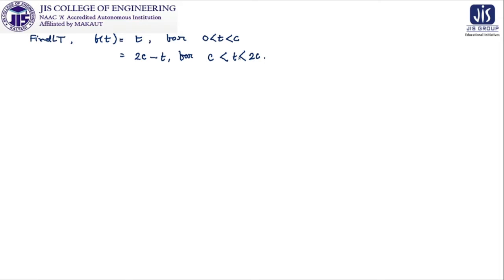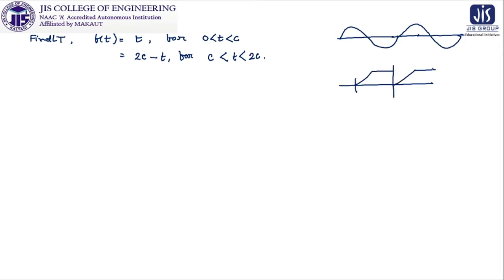Now look at this. Here it is not a single-line expression. That means the function is not expressed in a single form. It is a periodic function where, if we have this range, it looks something like this, and then again it repeats like this, and then again like this.